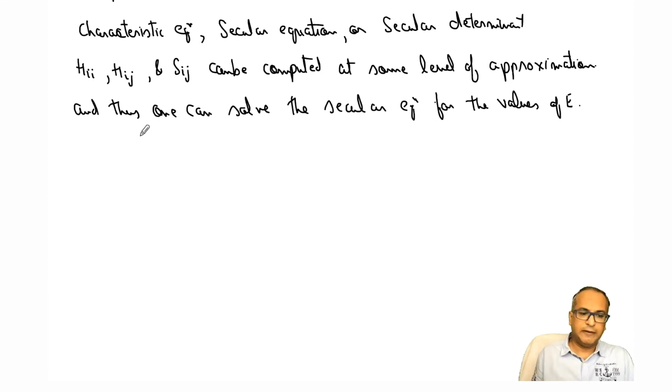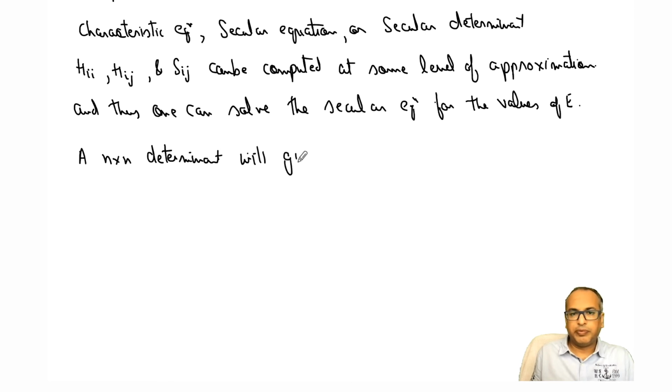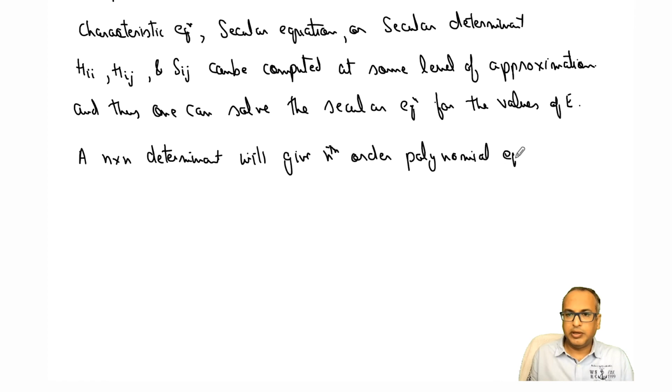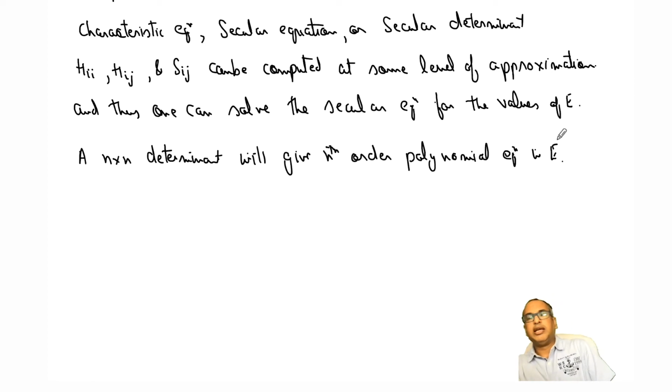In this case, this is a 2 cross 2 matrix, so it will give you a quadratic equation. If you have n atomic orbitals, we will get an n cross n determinant, which will give an nth order polynomial equation in E. So you will get n values of E. That means you will get n different molecular orbitals when you combine n atomic orbitals, right?